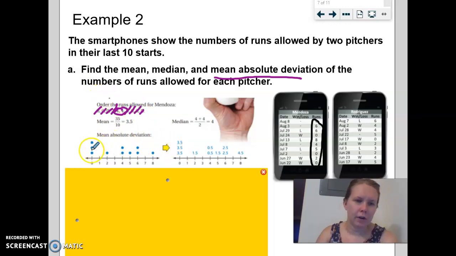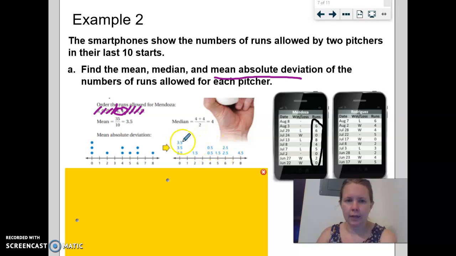They set it up here, and then they took a look. So 0, 0, 0, there's 3.5 because there are 3 zeros. There was 1, 2, so that's a distance of 1.5. From 4 to 3.5 is a distance of 0.5, and so on and so forth.